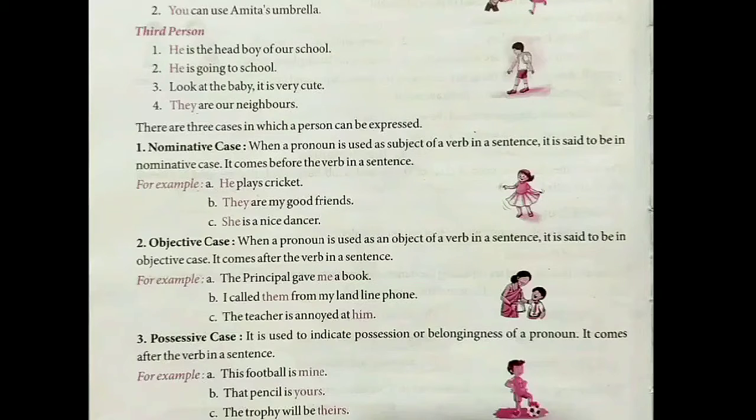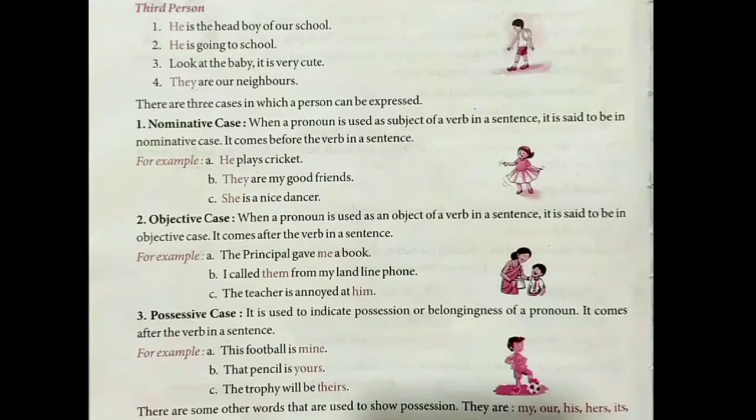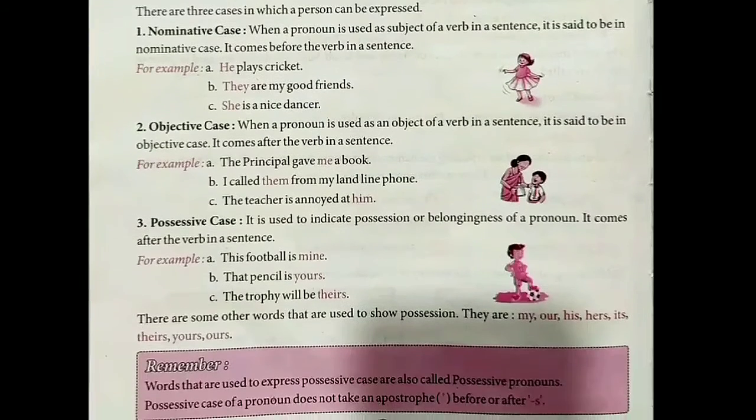So he plays cricket. It comes before the verb in the sentence. They are my friends. Here are is the helping verb and before it they is there. So they is nominative case. She is a nice dancer.